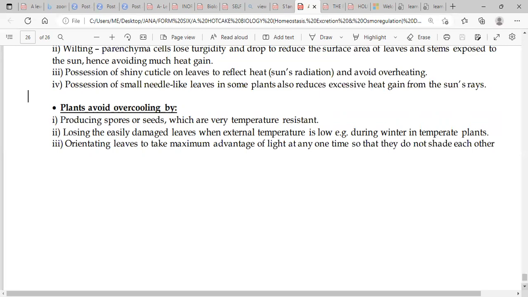Then we also have them losing the easily damaged leaves when external temperature is low, that is during winter, such that they do not lose water, and as a result of losing water, lose heat from their bodies. So they are able to maintain the heat within their bodies by reducing the surface area for heat loss.